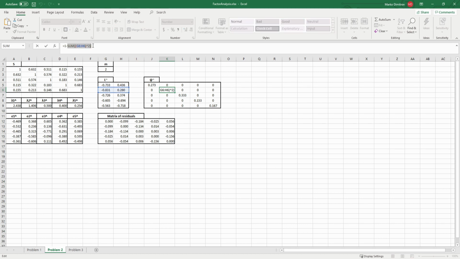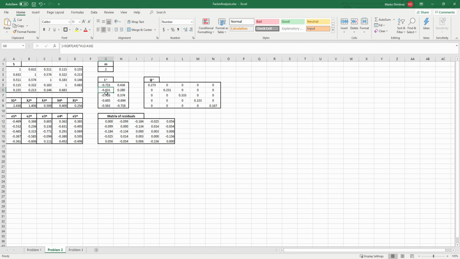This notation means that it will square this value, then sum with the square of this. And then 1, because 1 is our S11, so the diagonal. Okay, so this is how we get our specific variances. So those are our specific variances, and those are loadings for the first factor and for the second factor.